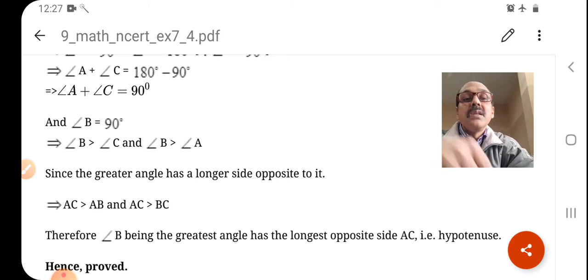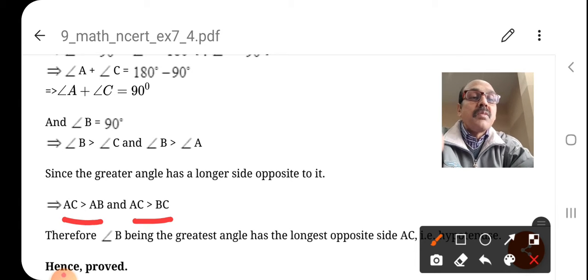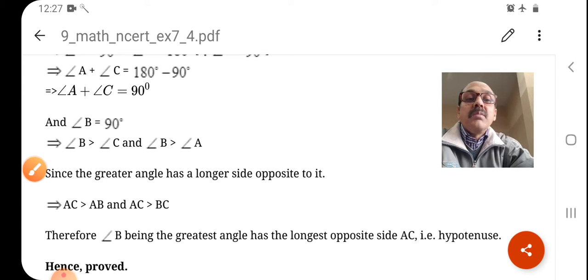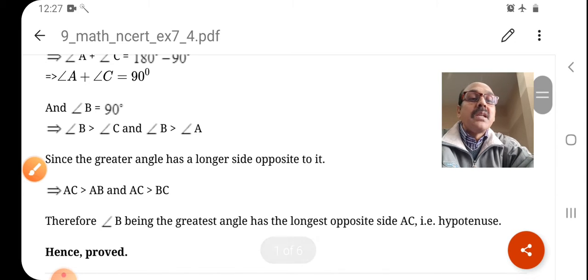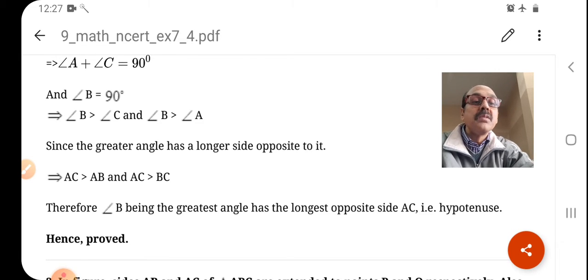Therefore, angle B being the greatest angle has the longest opposite side AC, that is the hypotenuse. So the hypotenuse is the longest side. Hence proved.